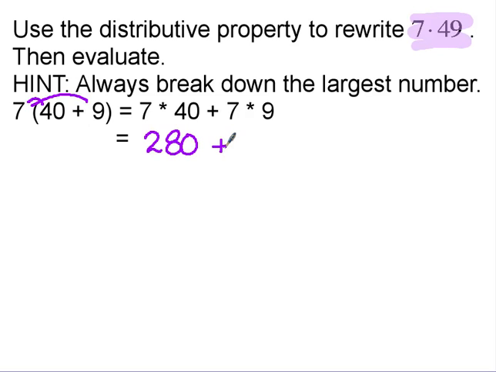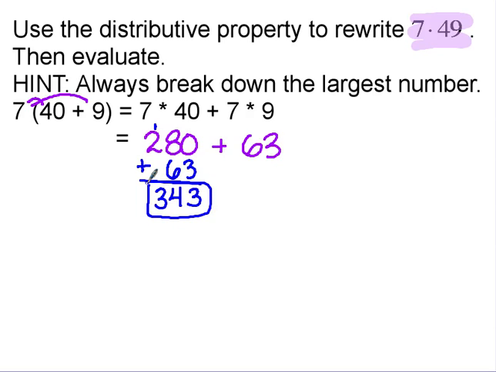What's 7 times 9? 63. So all I need to do is add those two together, and I will know what 7 times 49 is. If I add those together, I get 343.